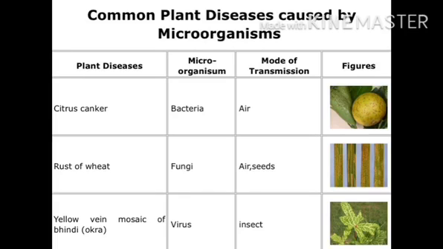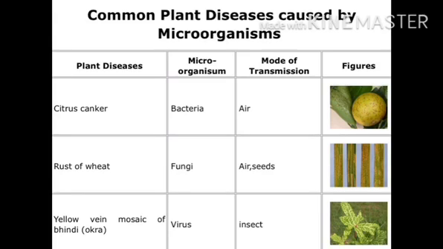Rust. The crop affected is wheat. The microorganism causing this disease is fungi. Mode of transmission is air and seeds. Now the next plant disease is smut. Crop affected is wheat.